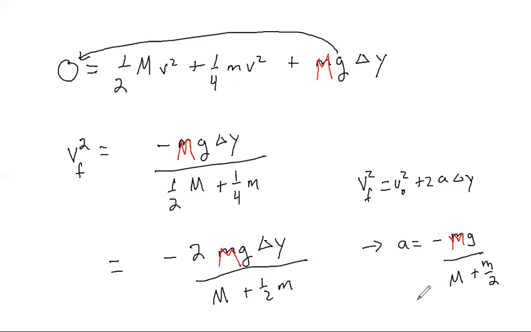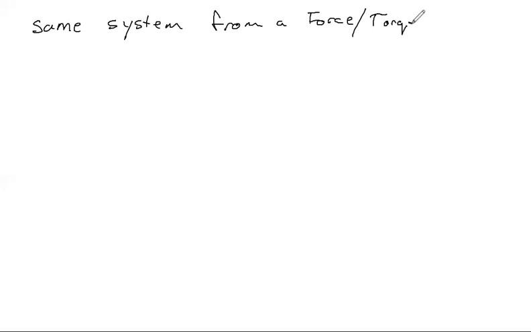We're going to see the same result come from an analysis of torques and acceleration. So let's see how that plays out. Here we're going to have the same system from a force or torque perspective.